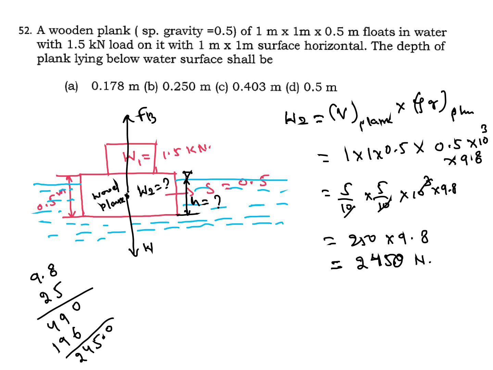Then total W downward force is W1 plus W2, 2.45 plus 1.5. It will come 3.95 kilonewton.